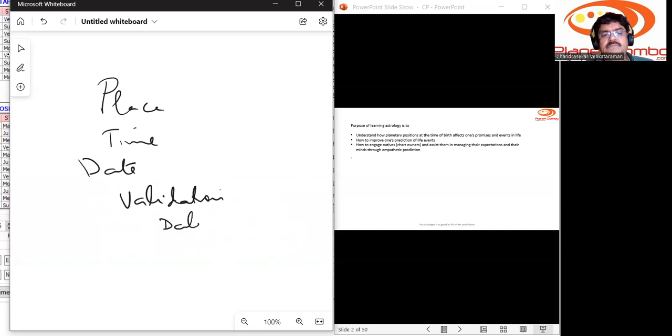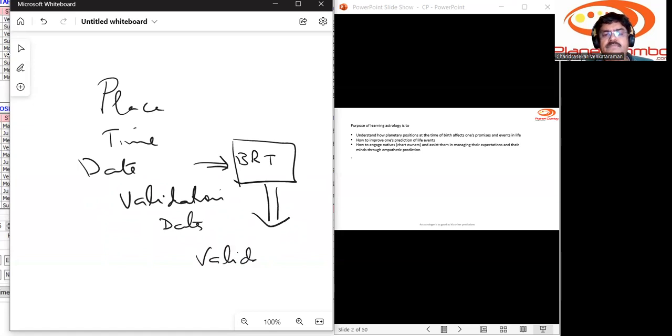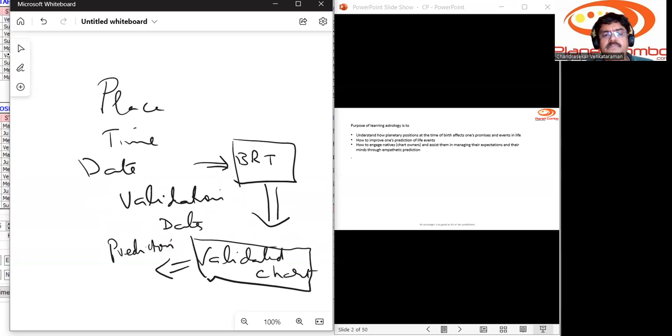You go through the birth time rectification technique, then you get a validated chart. My suggestion is do not predict unless the chart is validated. Then you go through the prediction engine. As a summary, you need place, time, and date, these 3 parameters, and you've got to get a validated chart to start the prediction.